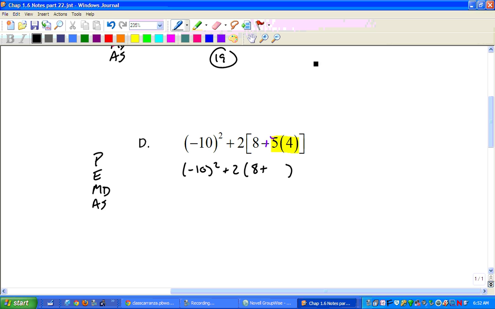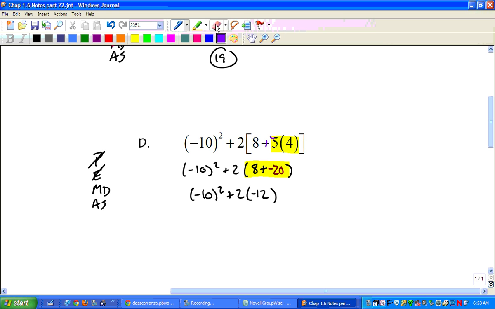That turns to negative 5 times 4 gives us negative 20. All right, we are not done with the parentheses yet. 8 plus negative 20 gives you negative 12. So parentheses are done.